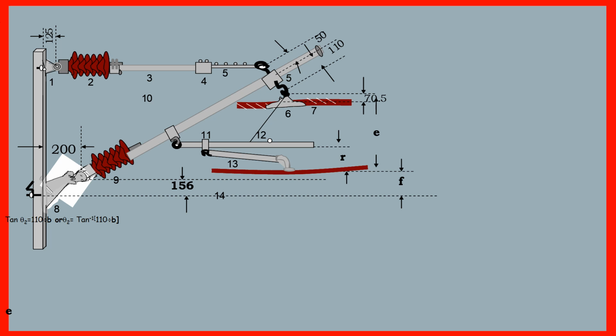The distance between the bottom attachment center point to the bottom attachment where the bracket insulator is fixed is 156 millimeter. The hole center of the bottom attachment and the bracket tube where it catches the bracket insulator, that distance is 200 millimeter.